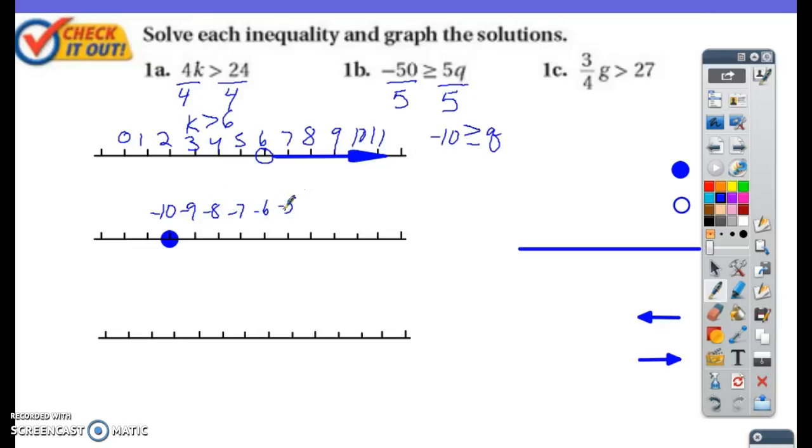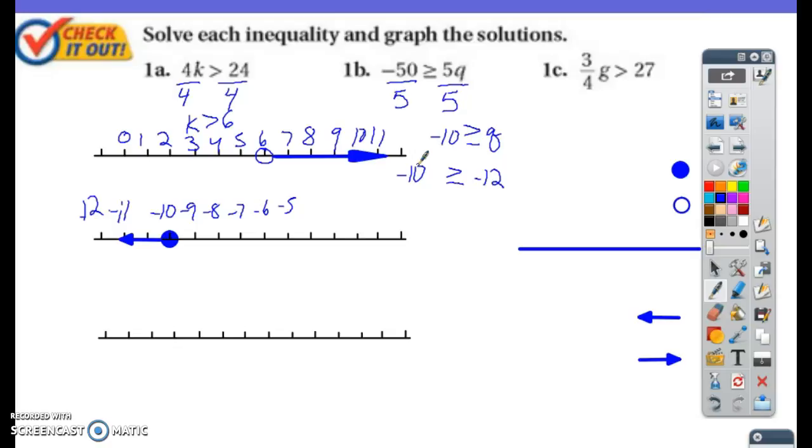Negative 10 is greater than or equal to q, so that means q has to be less than that value, so we're going to go in this direction over here. Then you ask yourself, okay, we'll just plug something in. Is negative 12 less than or equal to negative 10? The answer is yes, so we move on.